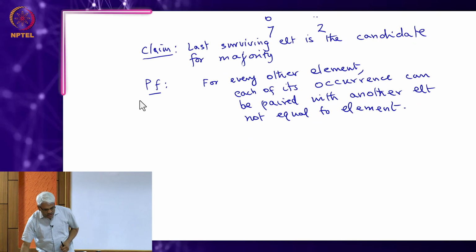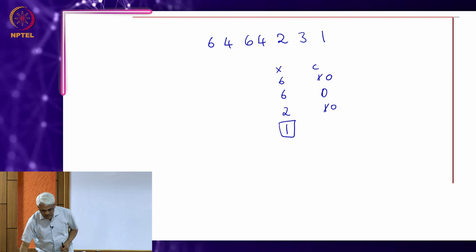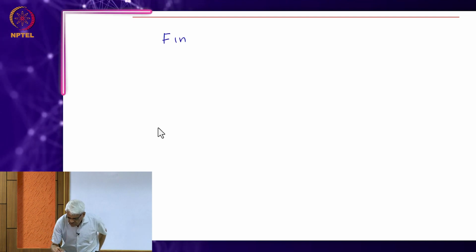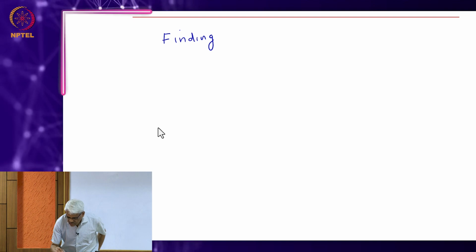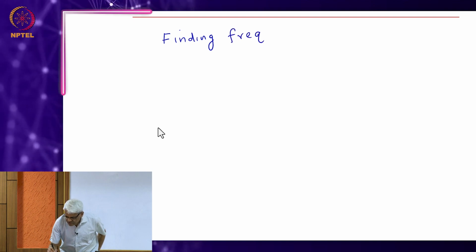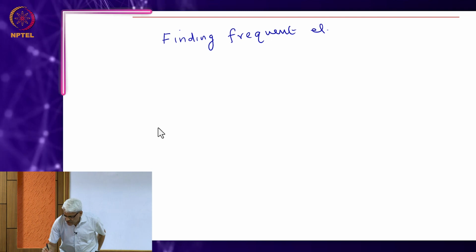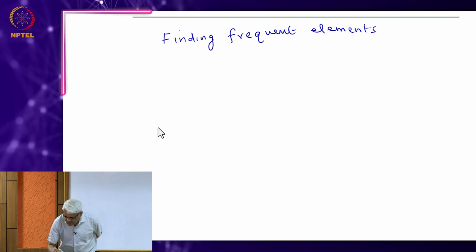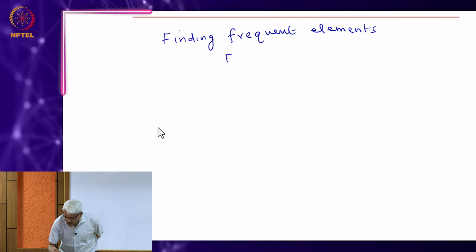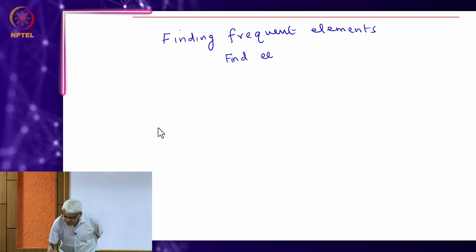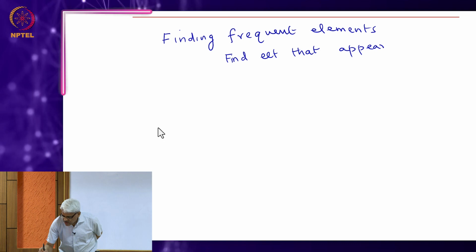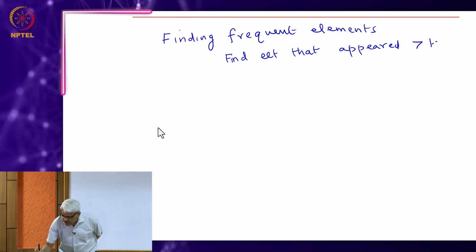Okay, so now there is a generalization of this, which is what we will look at, which is called finding frequent elements. Actually, that's what Misra-Gries's work is. Find elements that appear greater than n by k times.